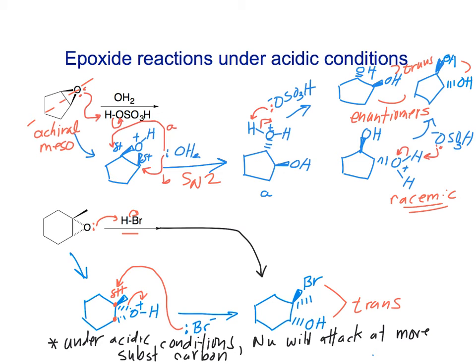All right, because that's the position right here that has a greater partial positive charge. In both of these cases, though, remember that the reaction, the actual substitution step, is SN2, so we are inverting the stereochemistry.